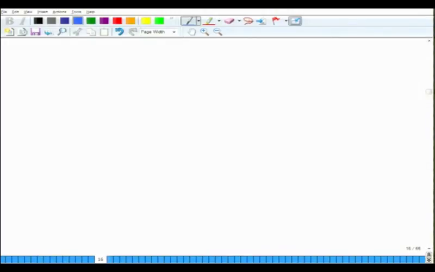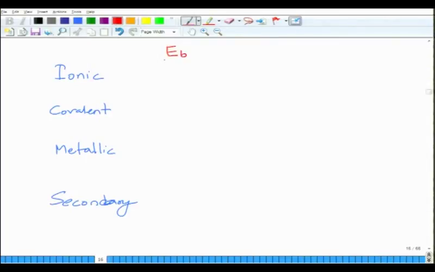So, to summarize this part, I would write three kinds of bonding: ionic, covalent, metallic, and secondary. Let us first talk about the bond energy, E_B. E_B for an ionic bond is typically large.